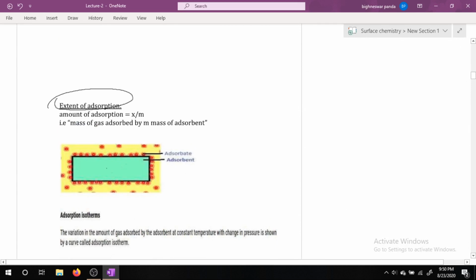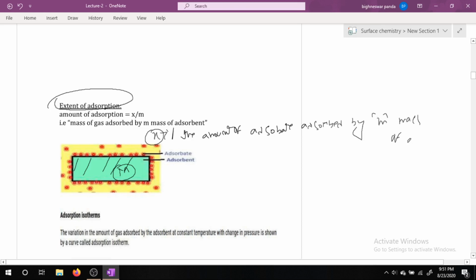Let us consider our adsorbent having mass m, and on it the adsorbate molecules are attached, and if x is the amount of gas adsorbed by m mass of adsorbent, then this is called extent of adsorption, or amount of adsorption, which can be represented by x by m, that is mass of gas adsorbed by m mass of adsorbent.